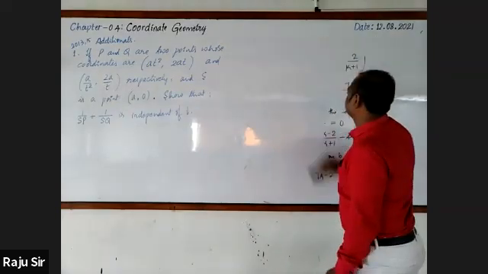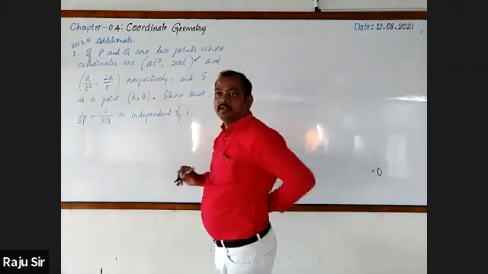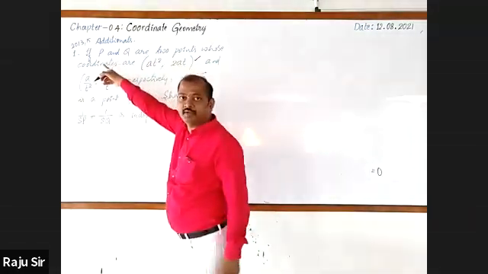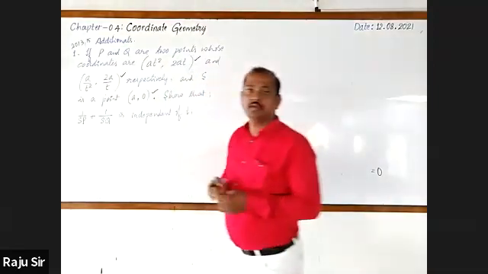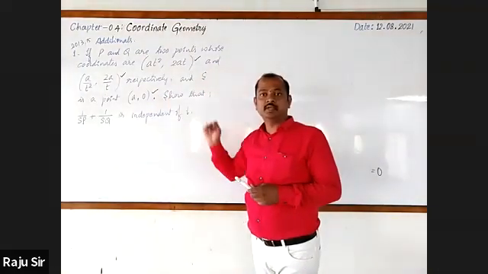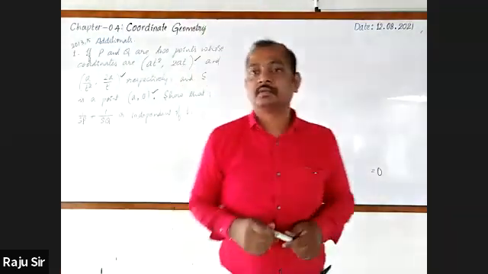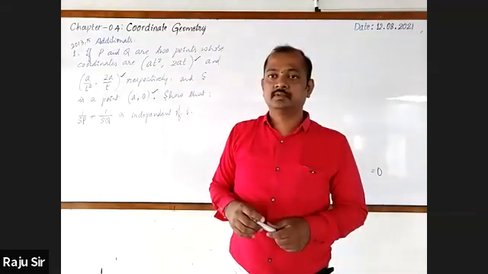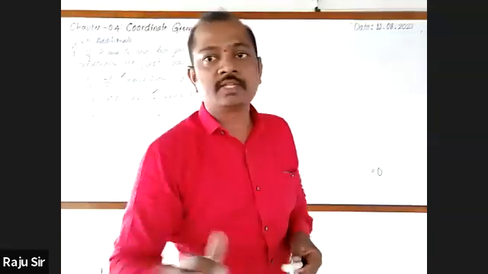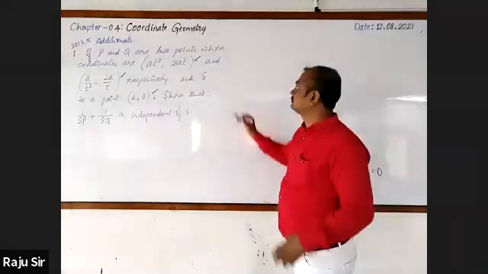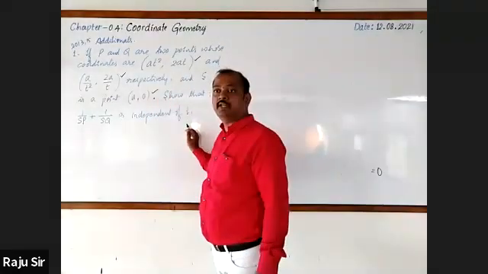Simple one it is. We know that these are the coordinates of P, and this is the coordinates of Q. We have to show that this statement is independent of t.